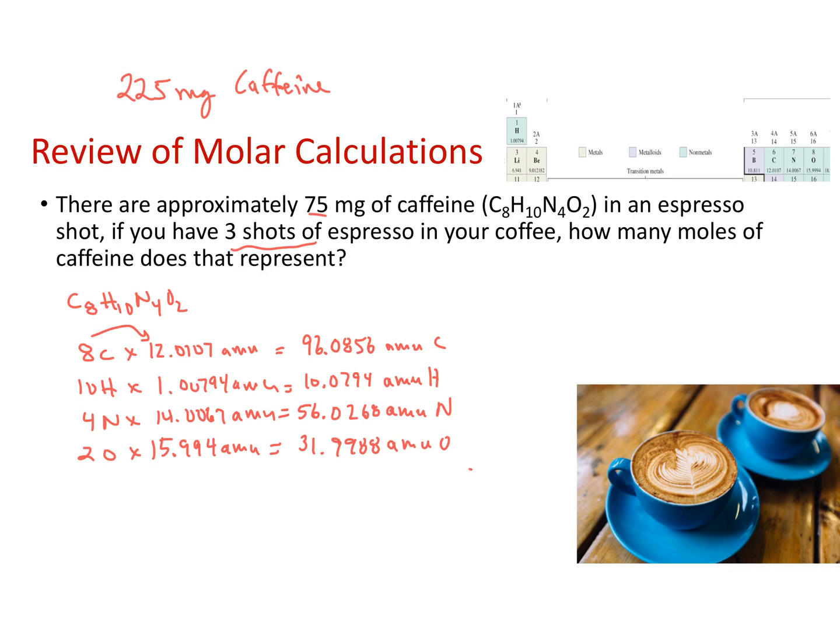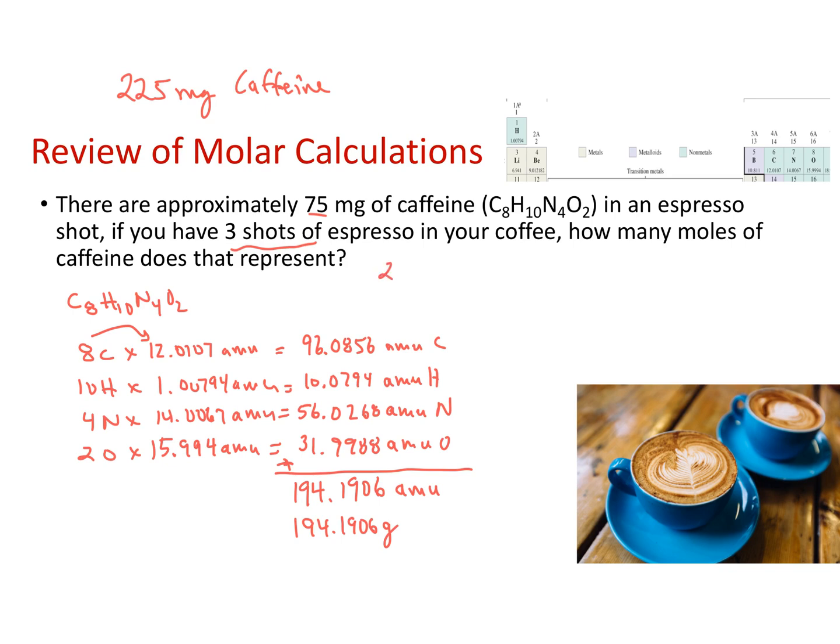So to determine the molecular weight, so I can determine the molar mass, I add those all together to see that caffeine is approximately 194.906 AMU. So that means I would need to have 194.1906 grams of caffeine to have 1 mole of caffeine.